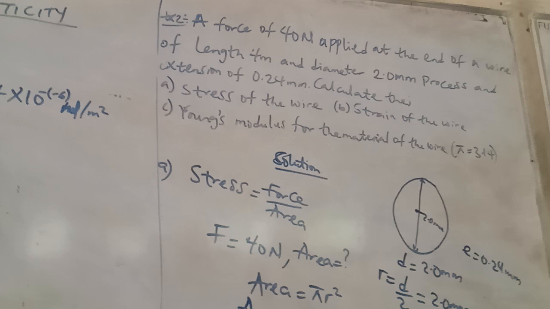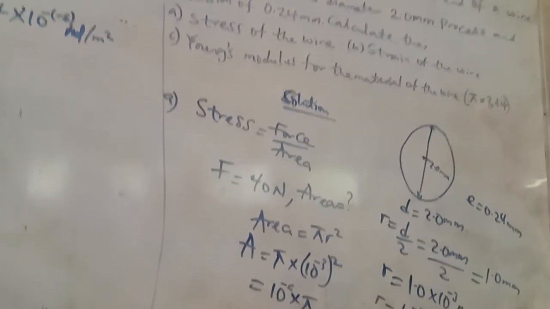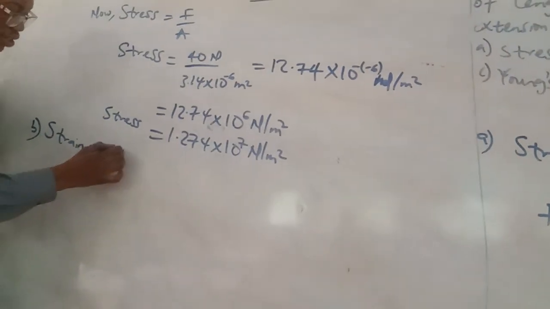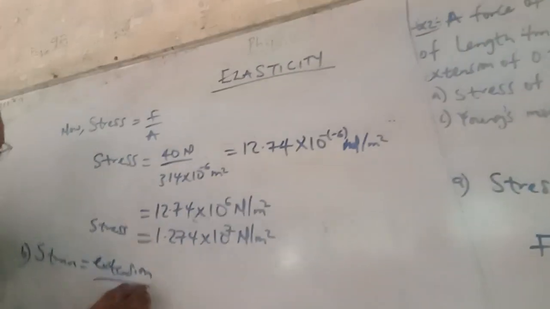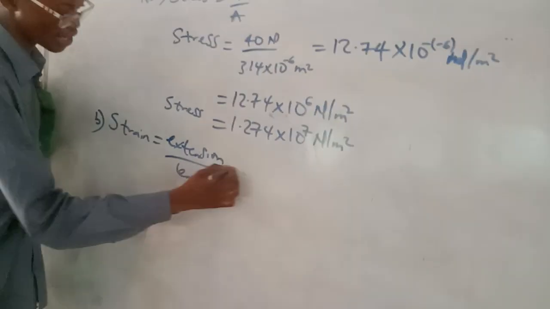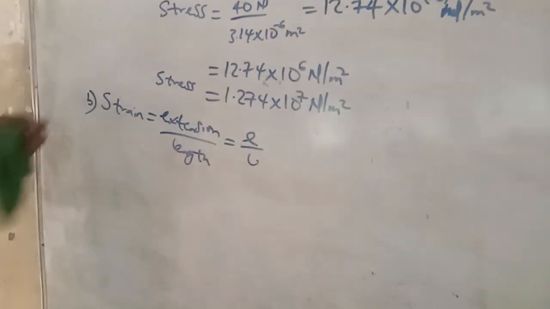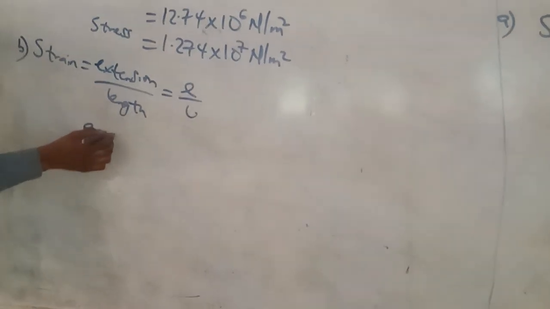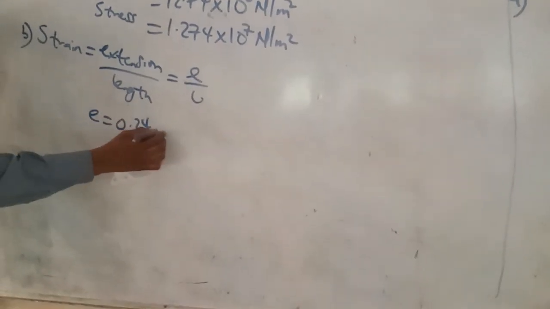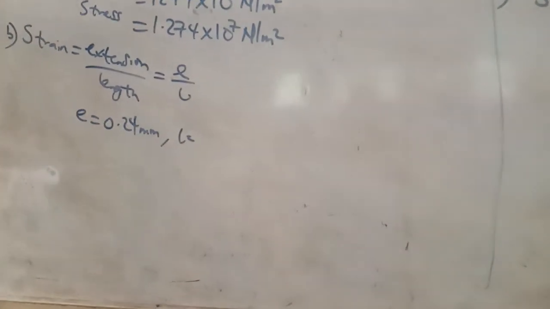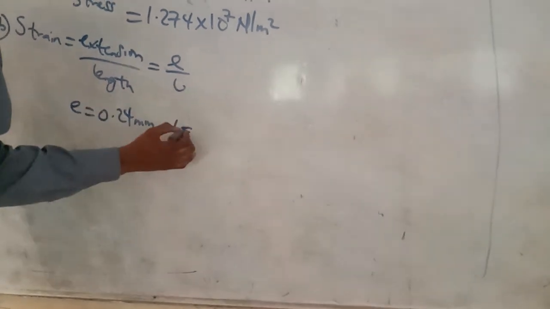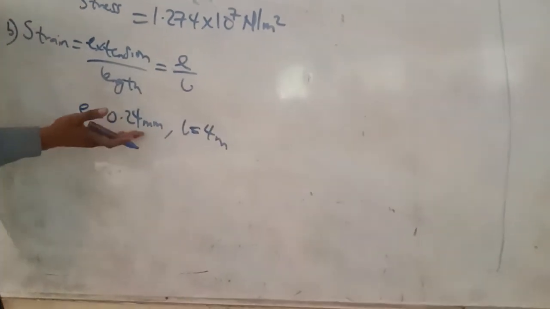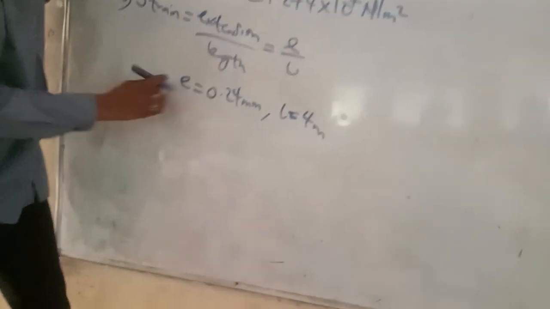Second one, we are asked to find strain. The formula for strain, we all know as extension over length. That is E over the length. Now our extension is given as 0.24 millimeter, and our length is given as 4 meter. You can see that this one is in millimeter, this one is in meter. So we convert this to meter.